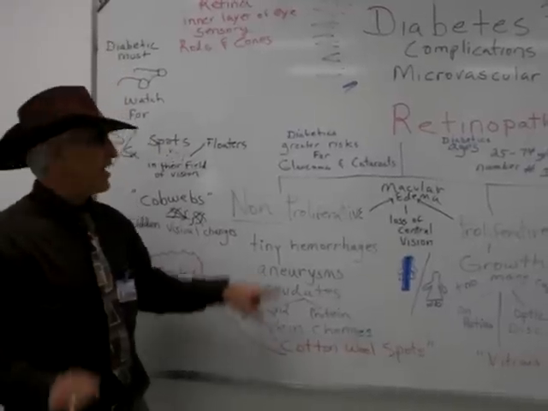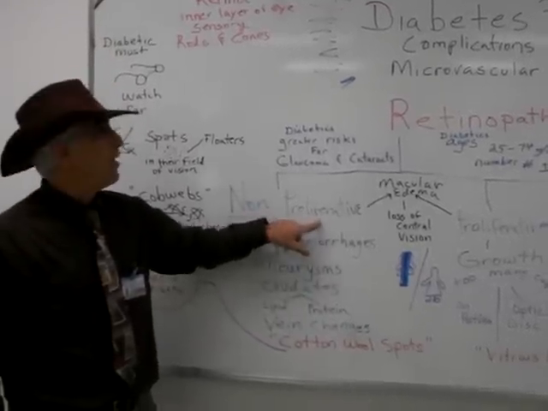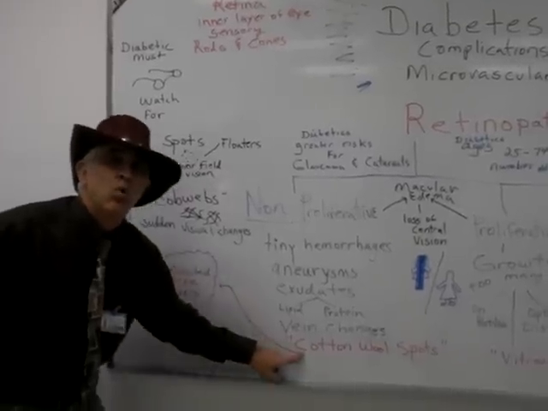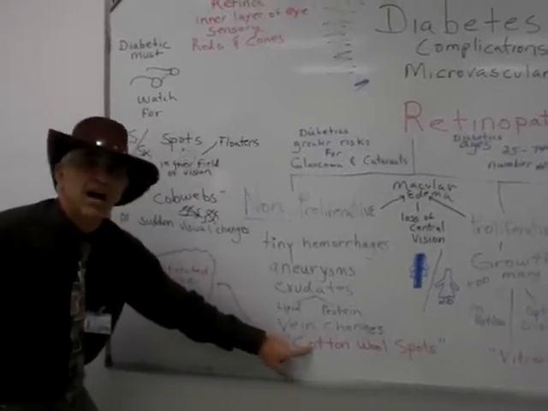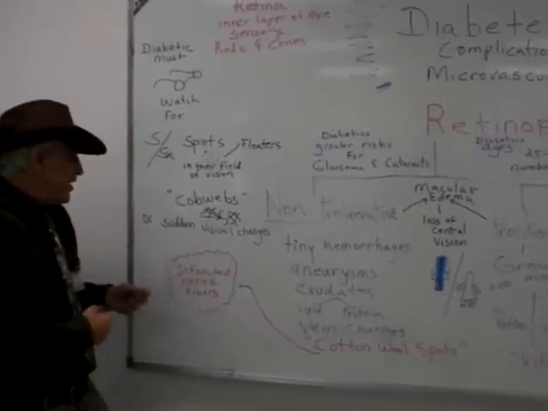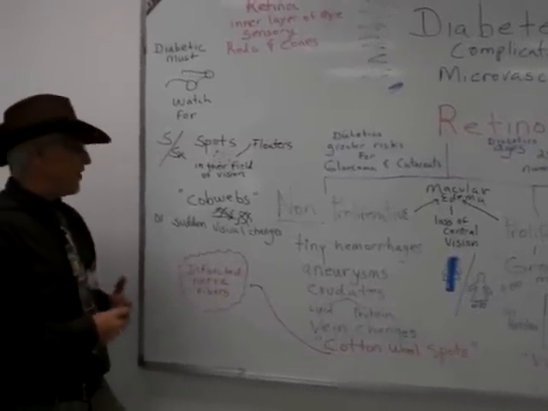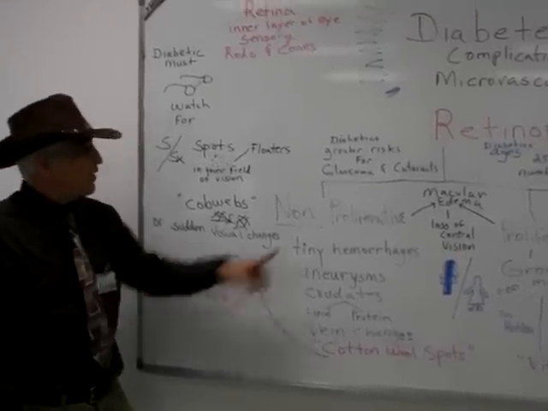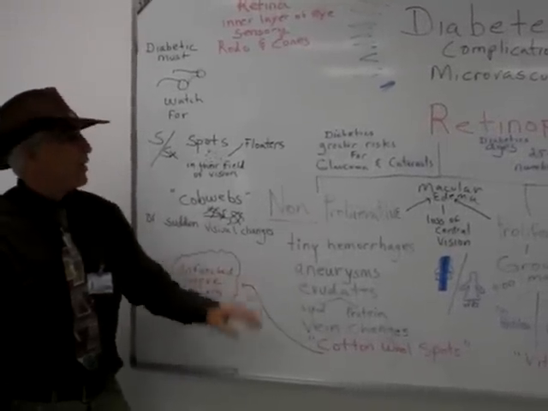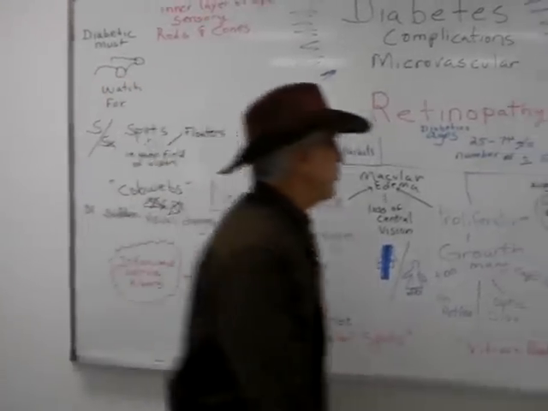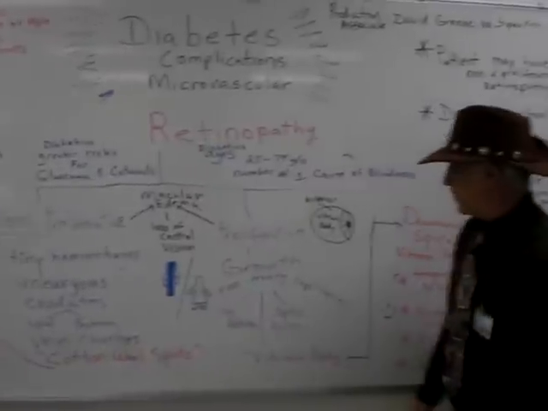One of the important things that can occur with non-proliferative retinopathy is what they call cotton wool spots. And what causes them? Infarcted nerve fibers. Basically, infarcted means death. Okay? So that's non-proliferative retinopathy.